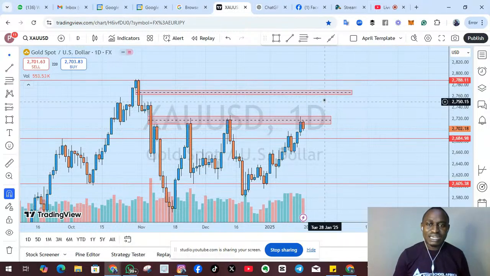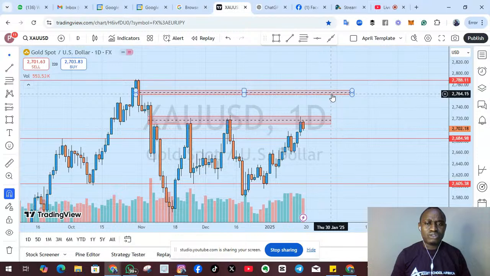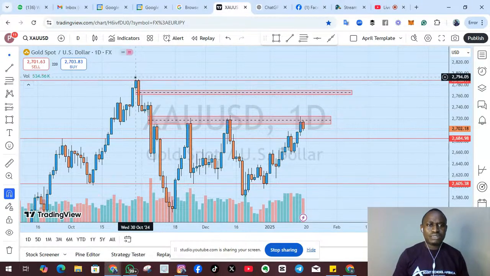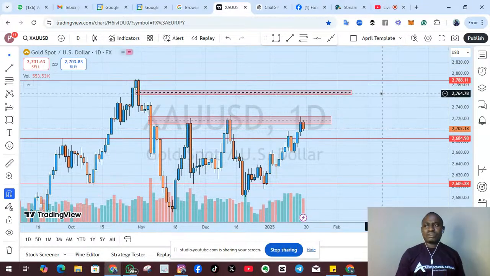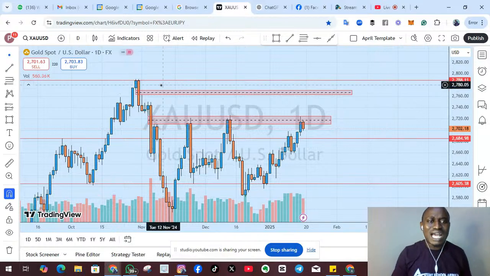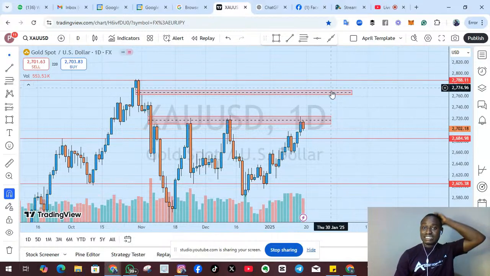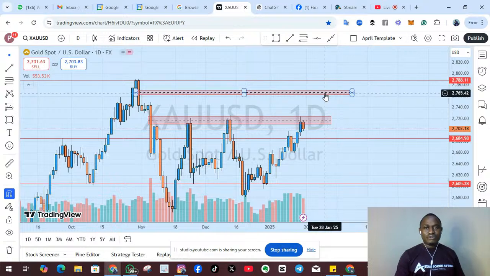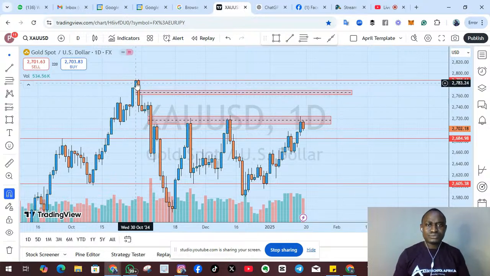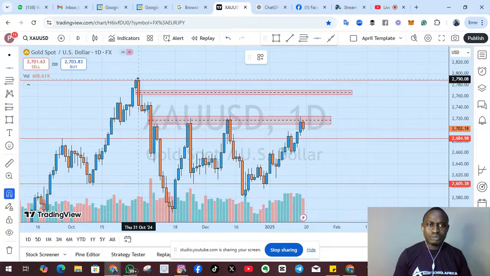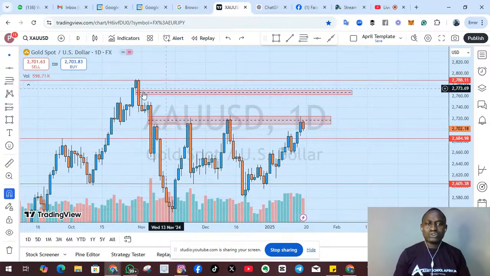So we have a fair value gap here, we have an order block here, and then market can even come and take liquidity above this old high. So we have three things attracting market here alone. Fair value gap is one.